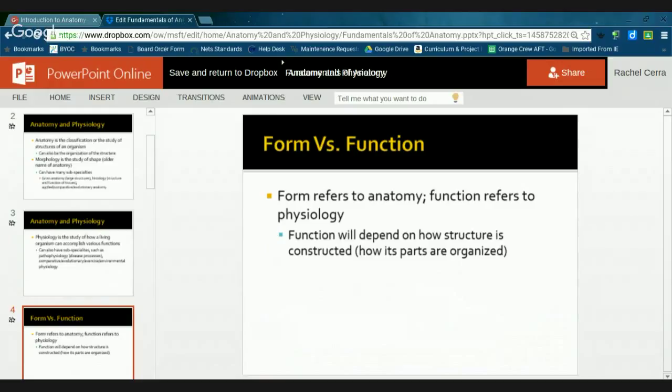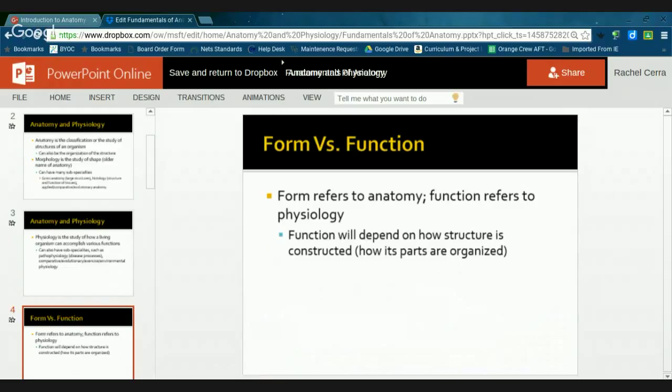For example, if you look at your hand, we've got your hand, and then you've got your fingers coming off of it. Well, if you looked at a bat, they're going to have the same basic bones, but they're going to be organized differently because we don't fly. Our arms are not used for flying, so therefore they are structured the way they are.